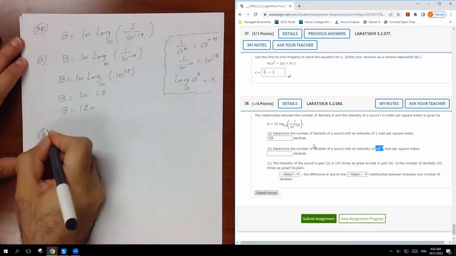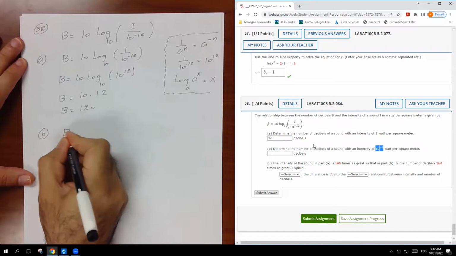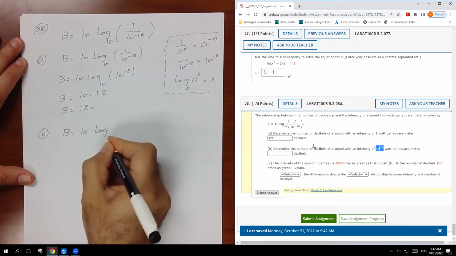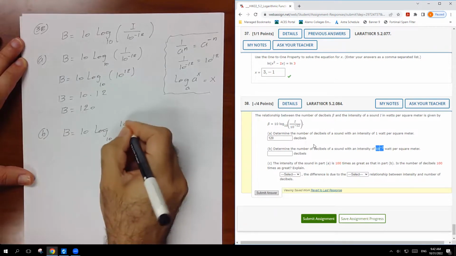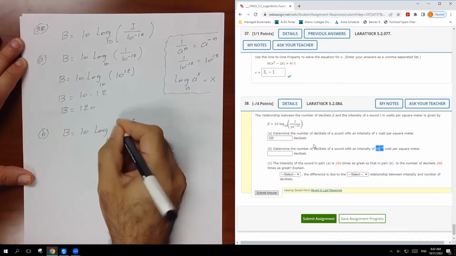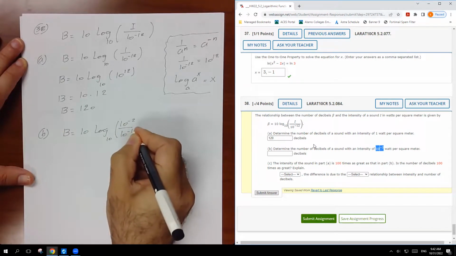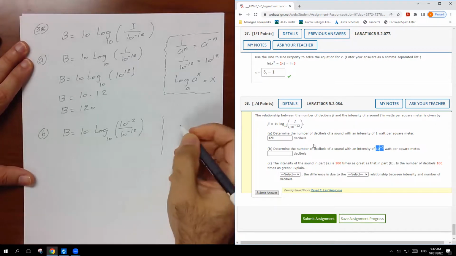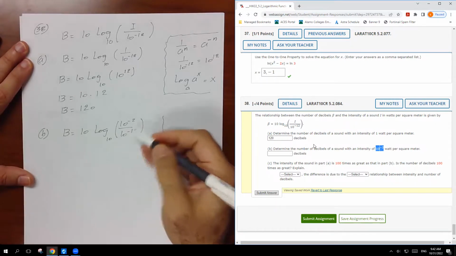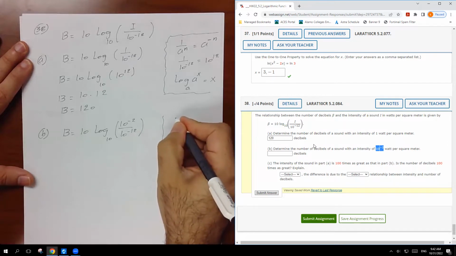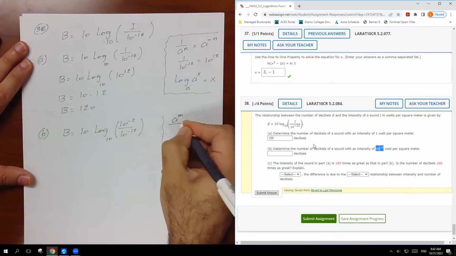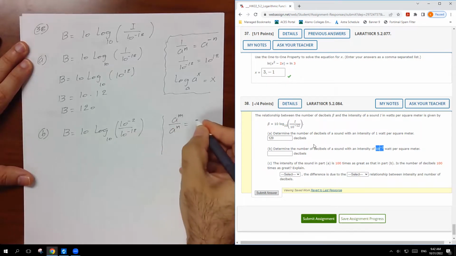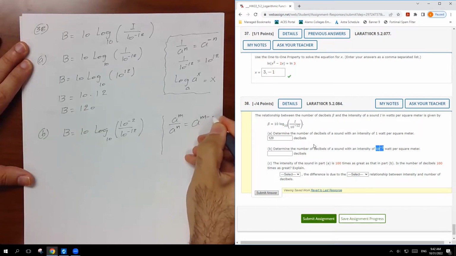So B equals 10 log to the base 10 of 10 to the negative 2 divided by 10 to the negative 12. Again, we have another exponent rule to simplify this one. If you have a number with exponent m over the same base with exponent n, it's going to be the base to the m minus n.